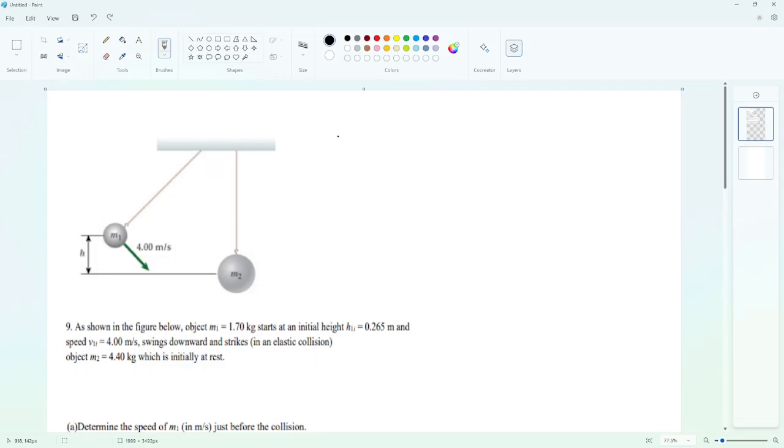So what we're going to do is write down a couple formulas. First, potential energy due to vertical displacement is equal to mass times gravity times height. Kinetic energy is equal to 1/2 mass times velocity squared.